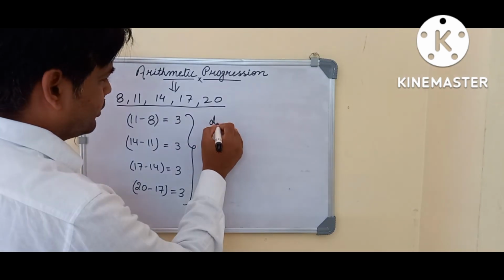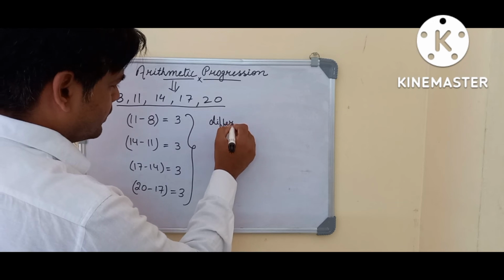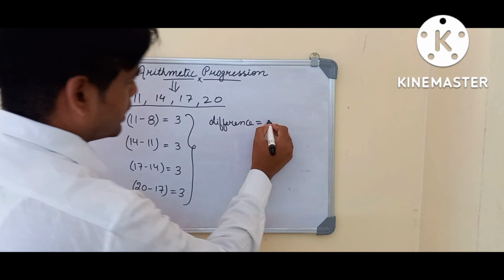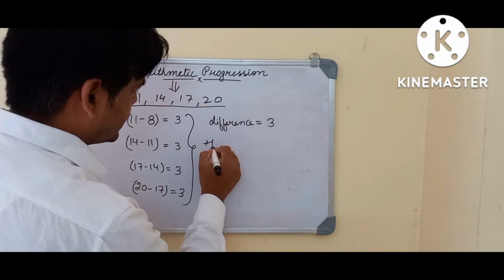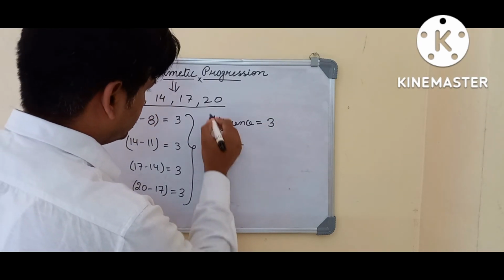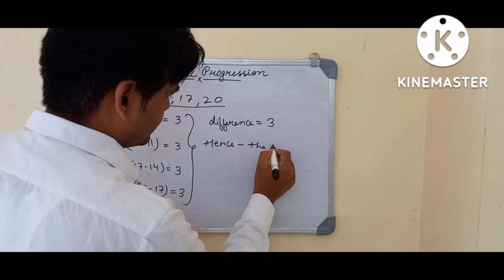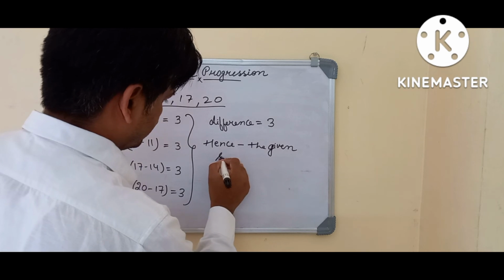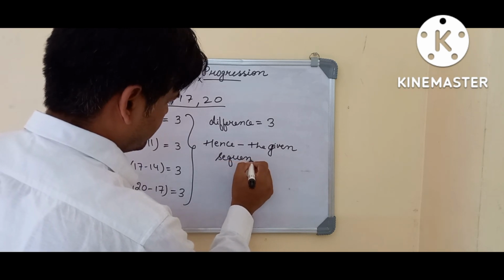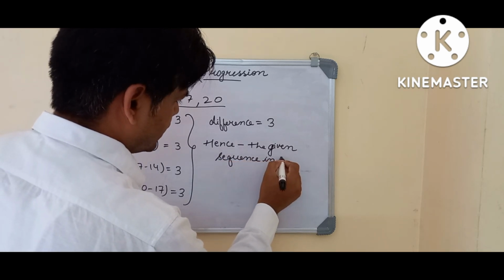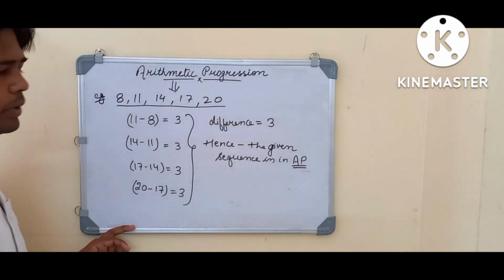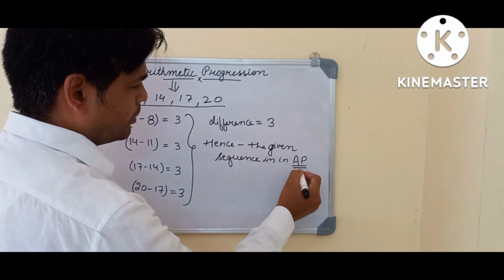For the given sequence, we can see that the difference between any two consecutive numbers is 3, and hence we can say that the given sequence is in AP. Now this AP stands for arithmetic progression, or we can simply write it as either AP or the complete arithmetic progression.